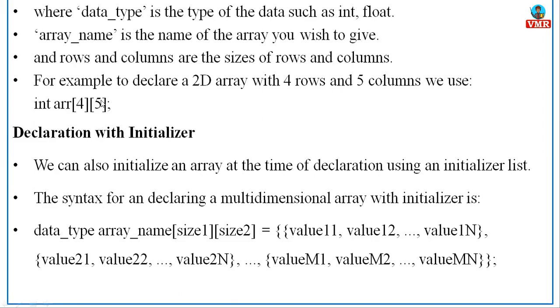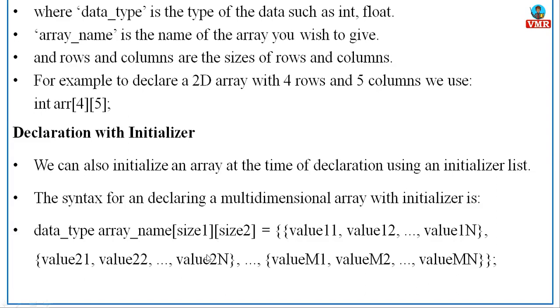If you want to initialize values along with the declaration, you use the data type, array name, and sizes. Now if I consider 2 by 2, you should remember to follow the proper braces here. The whole thing is one single outer brace, the first inner brace is your rows, and the second is your columns.